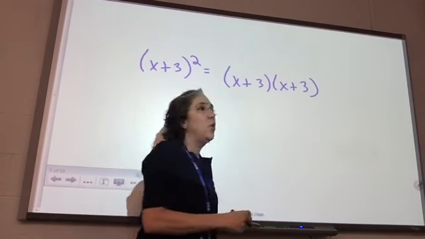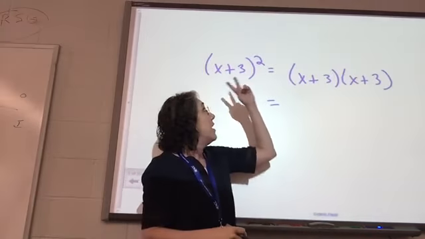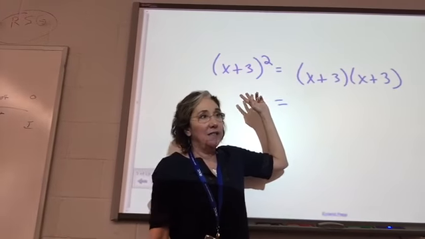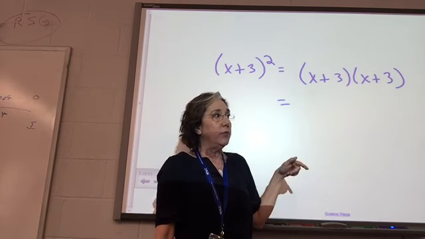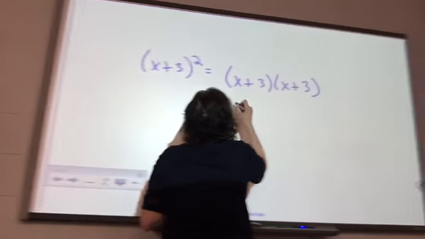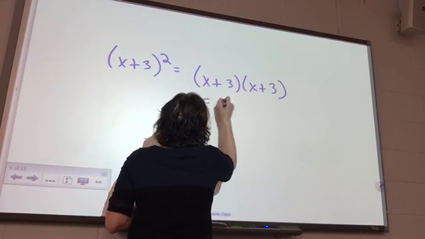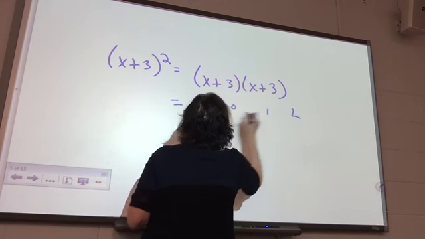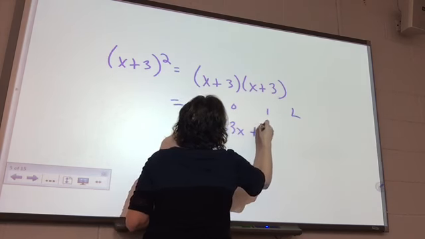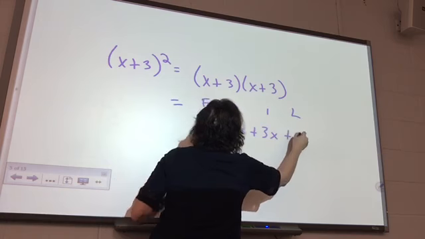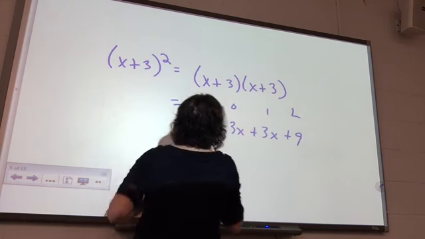Now, a lot of you have gotten good at doing this without having to use FOIL, but there's still students who struggle with that. So I'm going to rewrite it as x plus 3 times x plus 3, so you can see why we get a trinomial. We do not get x squared plus 9. We're going to get 3 terms, not 2. Okay? So multiplying this out using FOIL, we get x squared plus 3x plus 3x plus 9. The outer and the inners are the same.